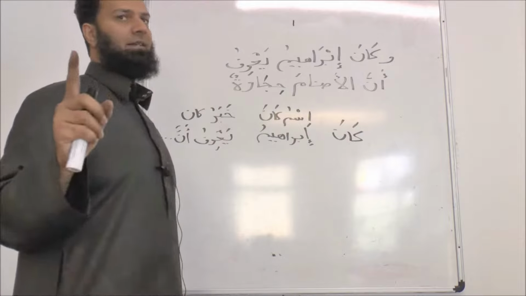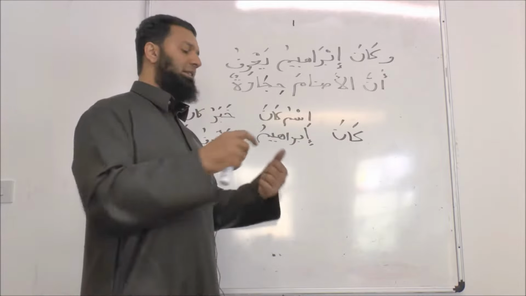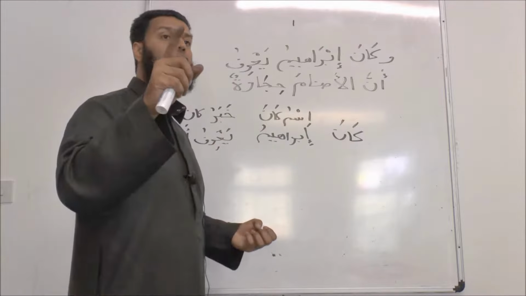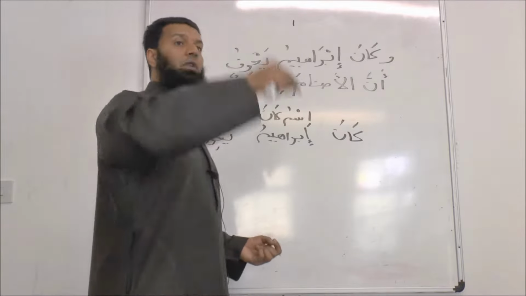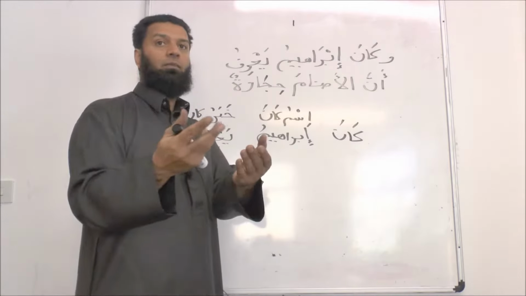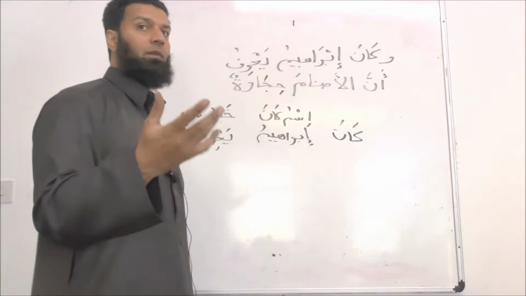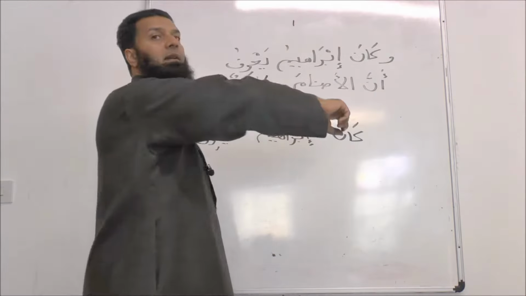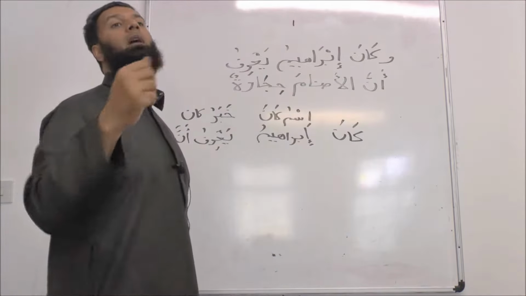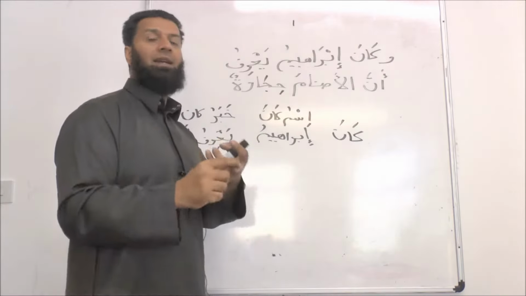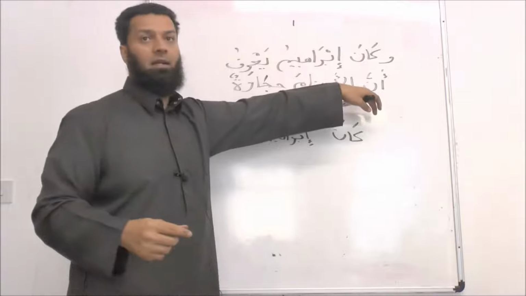People say preposition, or harfu jar, but no, harfu jar is only a type of the third word, which is harfun. Why? Because remember anna is from inna wa akhawatuha. Remember inna and lakinna and layta and anna.